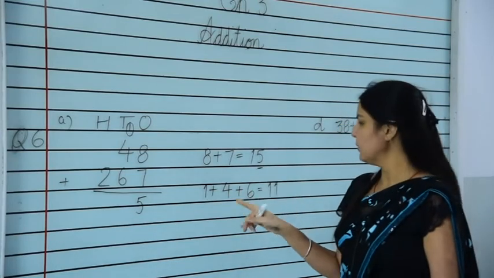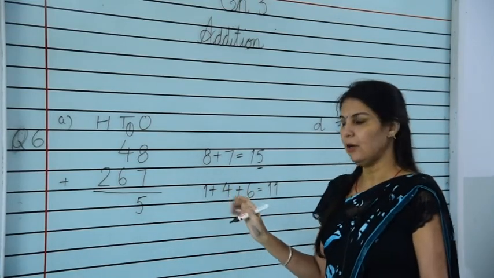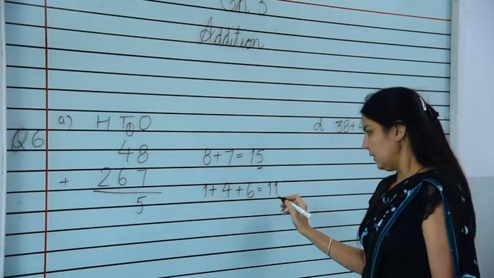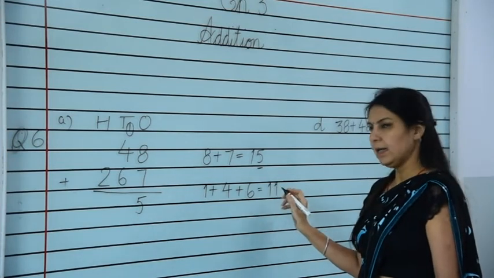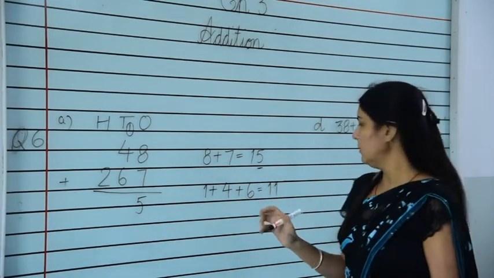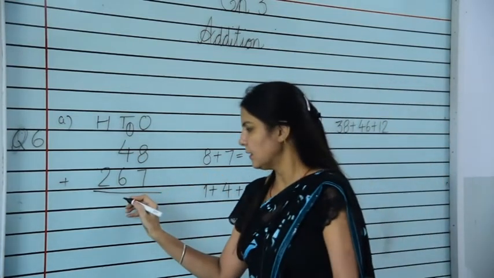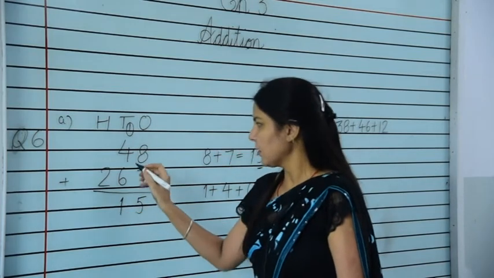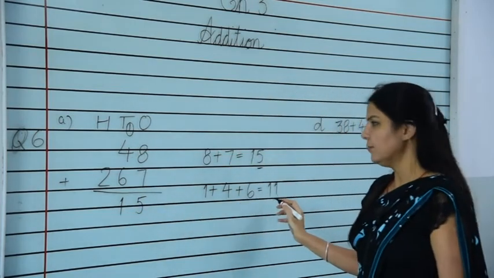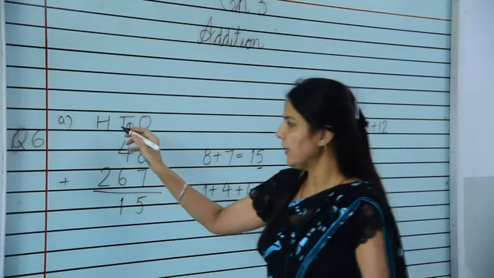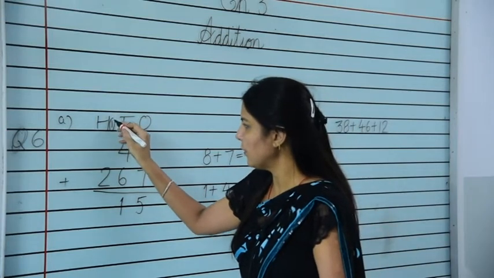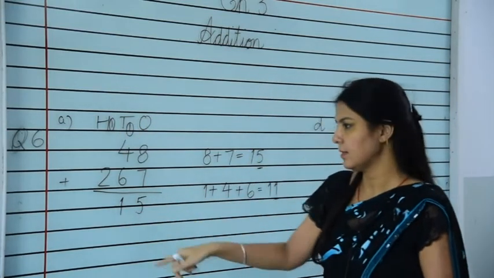You can add these numbers on your fingers easily. Here 11, two digits are here. So we will write this one here under tens place, and the other one we will carry over to the hundreds place because now we are going to add these digits.